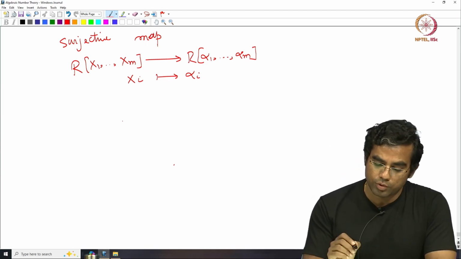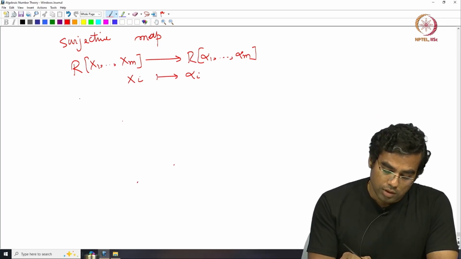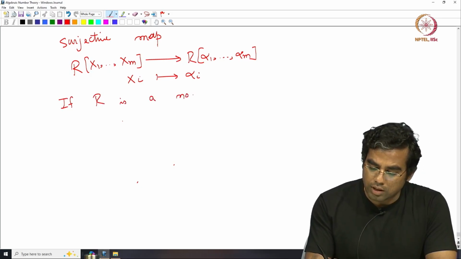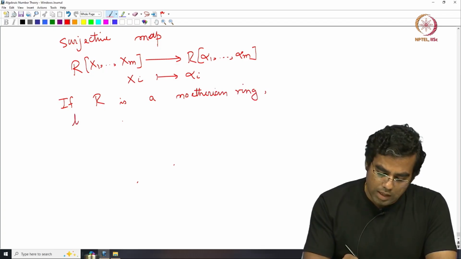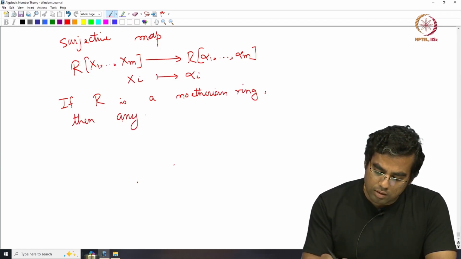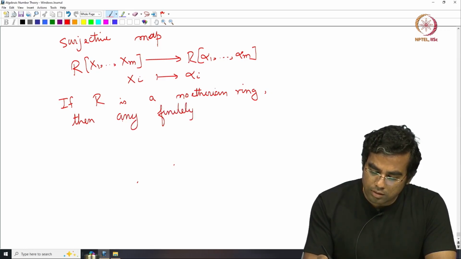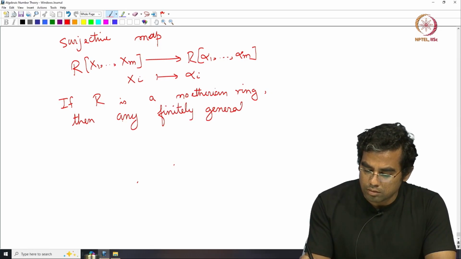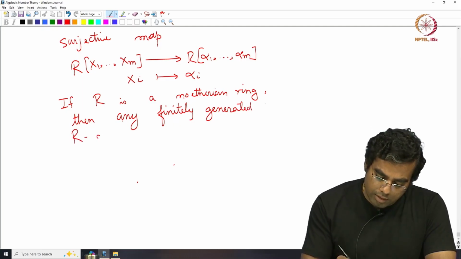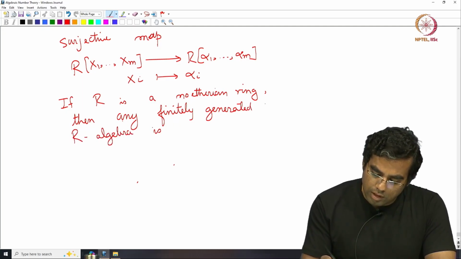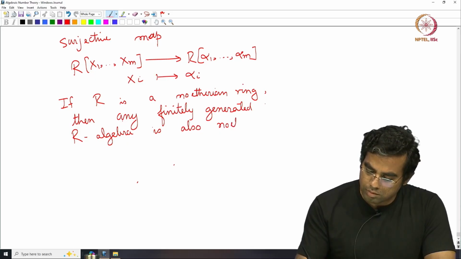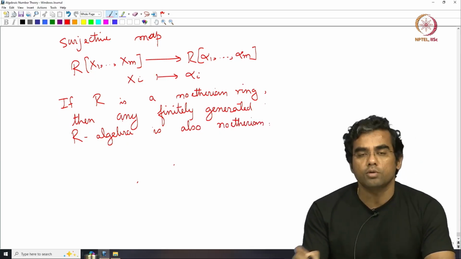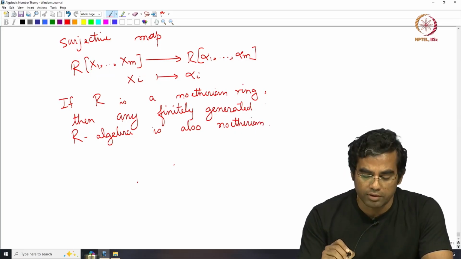So, these are easy things to prove. Okay. So, we get that if R is a Noetherian ring, then any finitely generated R algebra is also Noetherian. So, this is a simple consequence of the Hilbert basis theorem, and this is the one we are going to use.